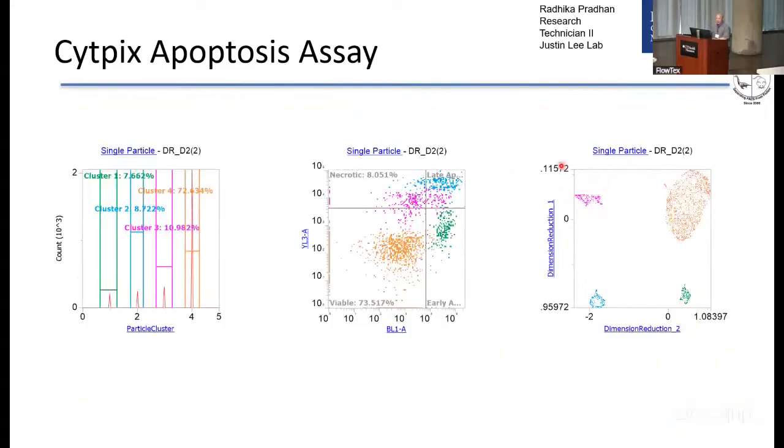For the fun of it, we decided to see if we could analyze the data the traditional way, which you can see here in the middle, as well as use some of the new clustering and dimension reduction features in the Cypix software and do a parallel analysis. The Cypix software allows you to do some clustering, as you can see here.